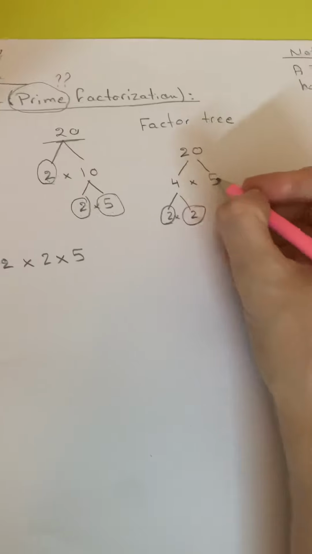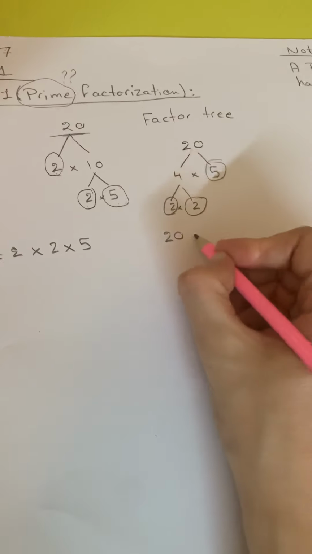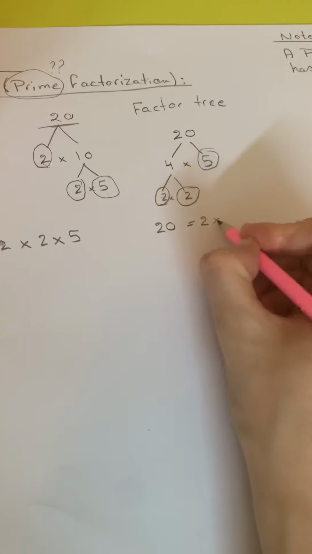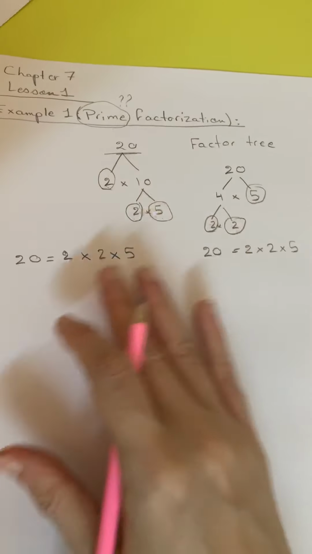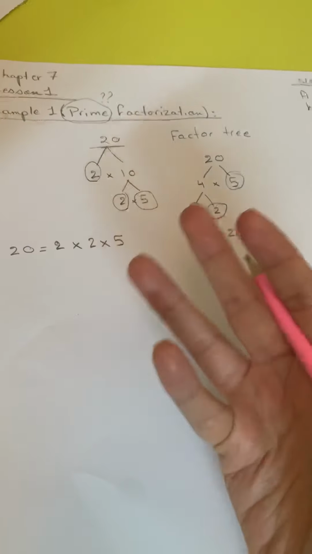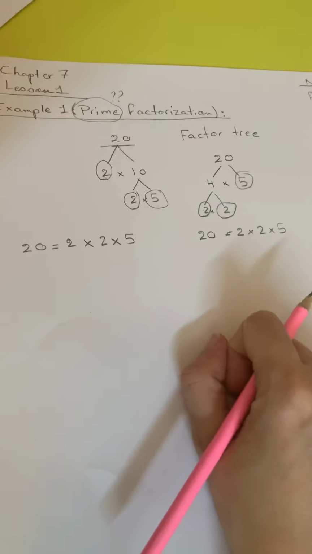No. What about 5? Also no. So you write 20 as 2 times 2 times 5, and basically, they are the same. So you can start with any way you want, and it will end up with the same answer.